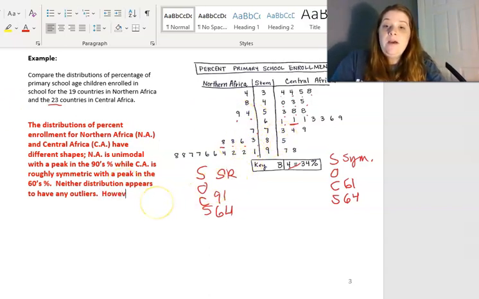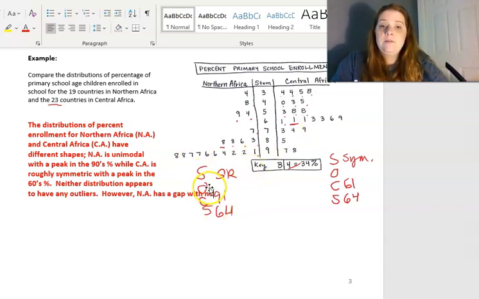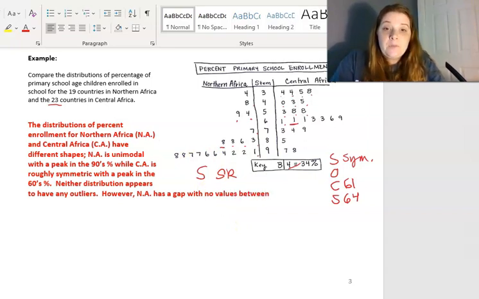So I'd say, however, Northern Africa has a gap with no values between 59% and 77%. Okay, so there is that gap. That's something interesting.